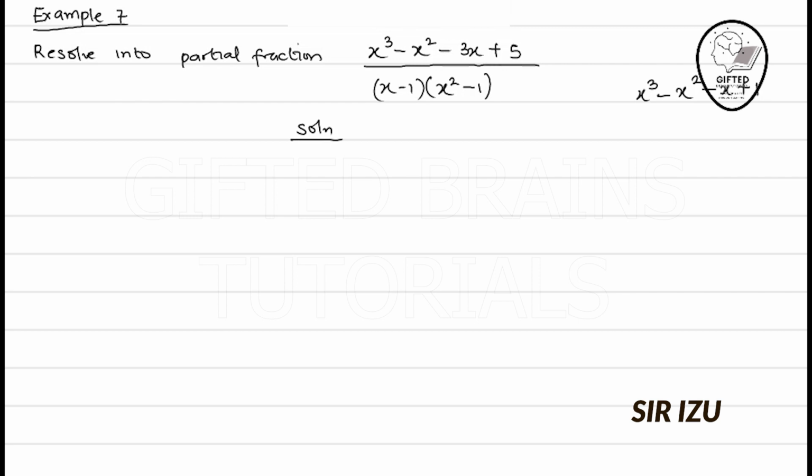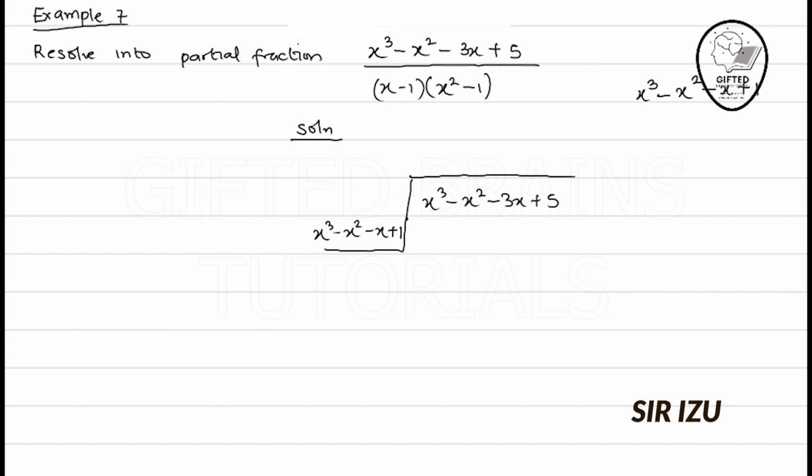So we would have what looks like this now: x cubed minus x squared minus 3x plus 5, and we're dividing it with x cubed minus x squared minus x plus 1.